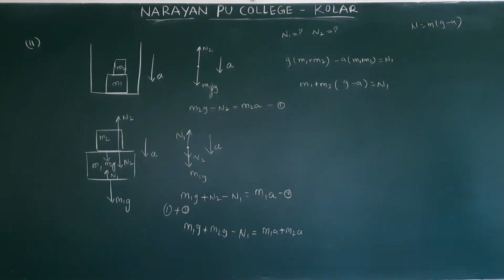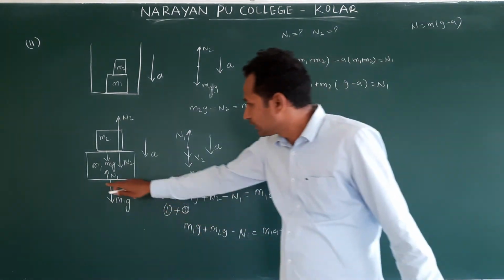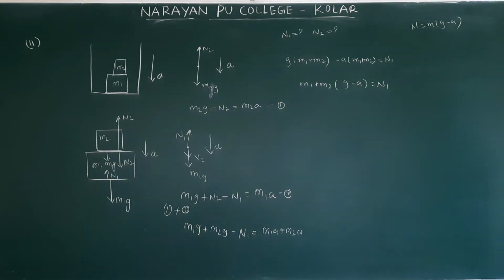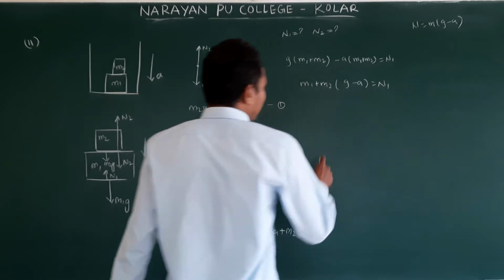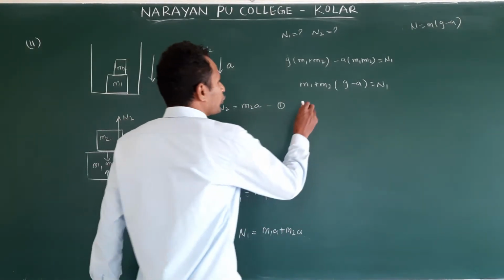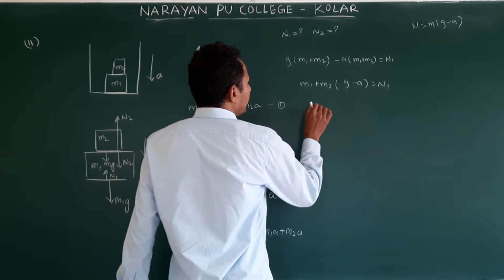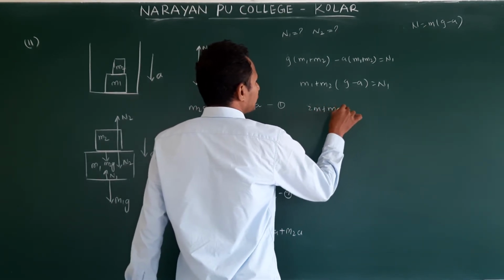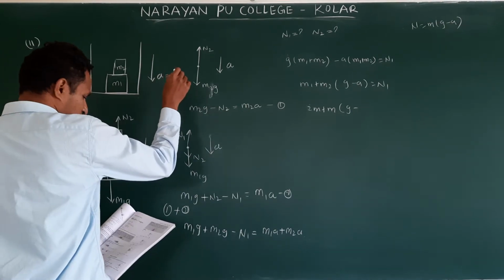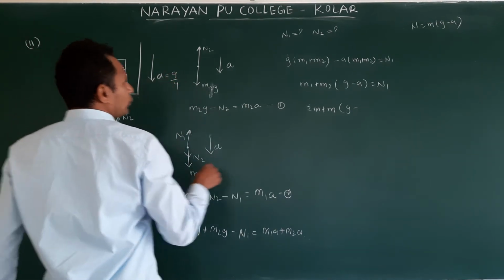Okay? We got N1. N1 is what? The normal contact force, or normal reaction, between floor and object. Now substitute their values. What did they give? M2 is M, M1 is 2M. So 2M plus M, g minus a, and a is g by 4.